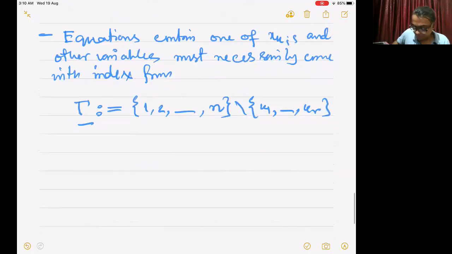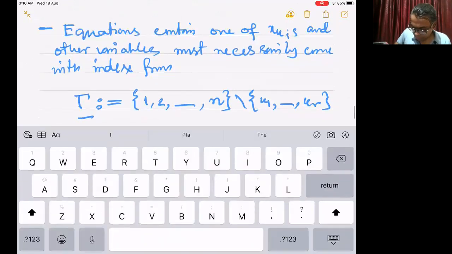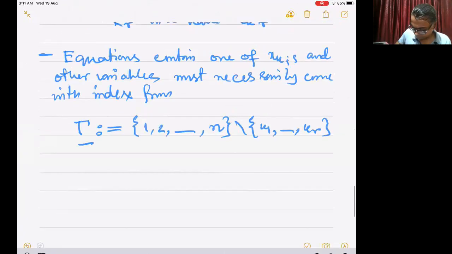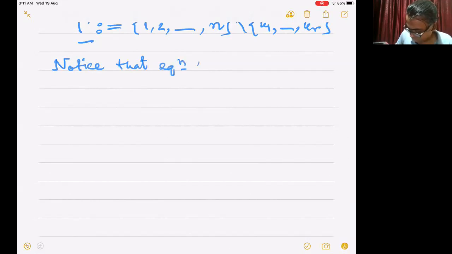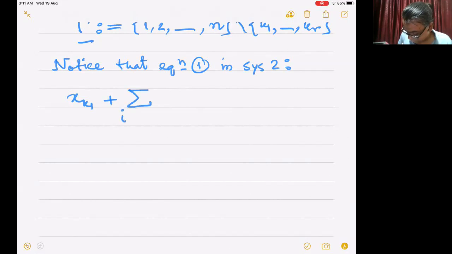So with these two observations, notice that equation 1 in system 2 becomes x_k1 plus the summation over i from the set gamma of some constants c_1i times x_i equal to 0. It looks profound, but trust me, this is nothing.